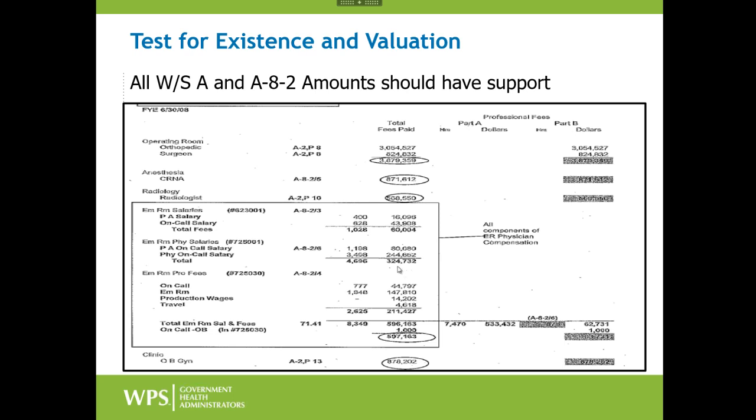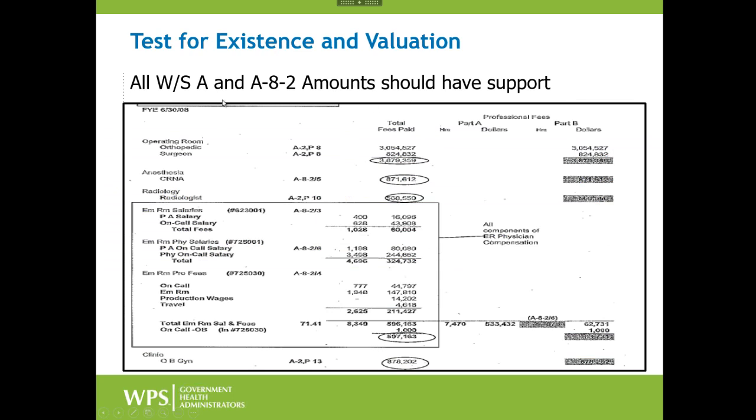This is just an example. This does not tie back at all to the documentation or the numbers we just saw on worksheet A8-2 or A. This is just a quick example of what that could look like. So they're breaking out ER room salaries, the physician salaries, the professional fees, things like that.